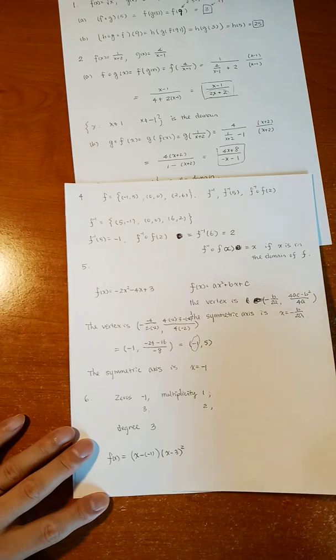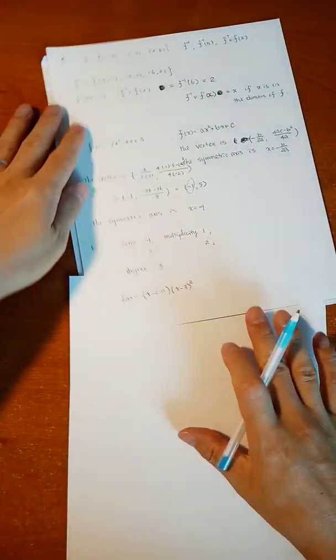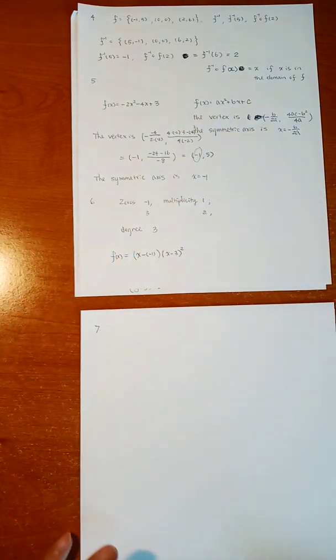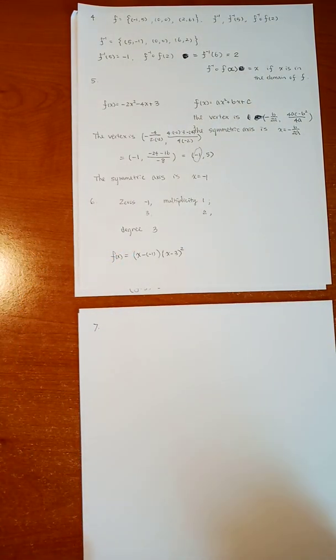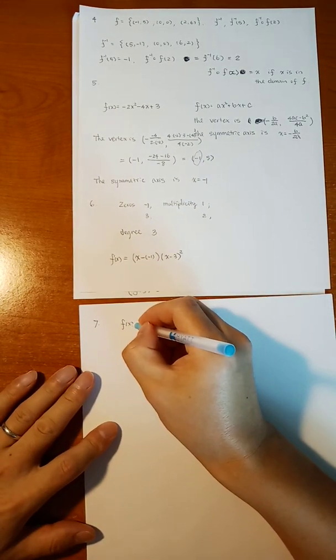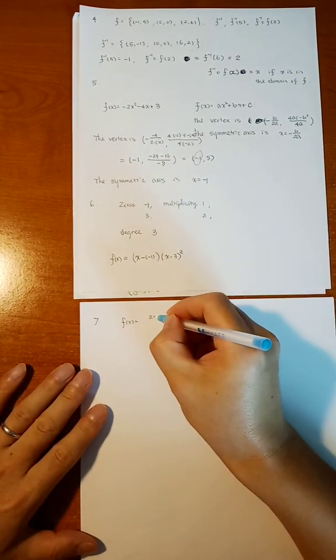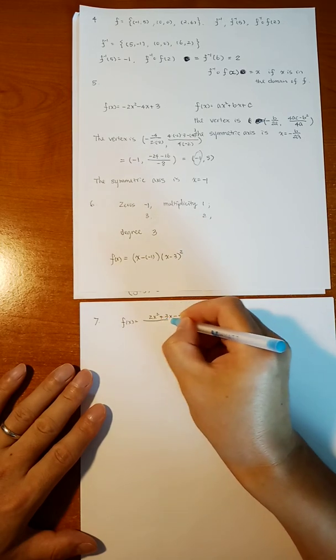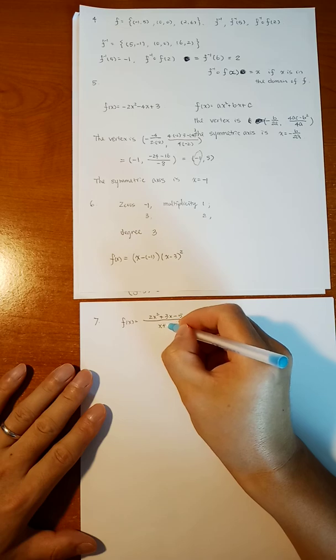Okay, so 7. Determine all the asymptotes of the function f of x equal to 2x squared plus 3x minus 5 over x plus 2.